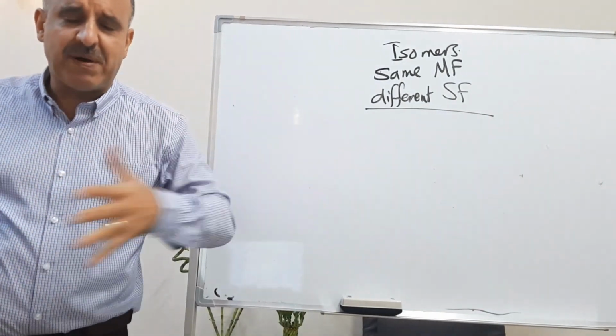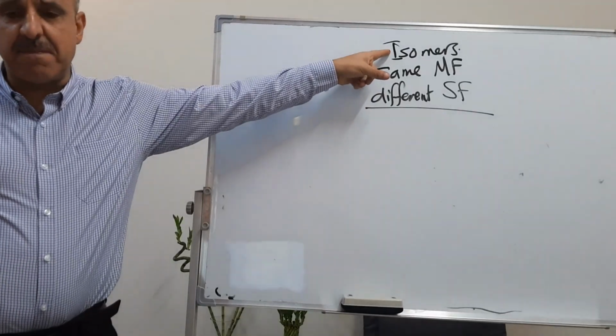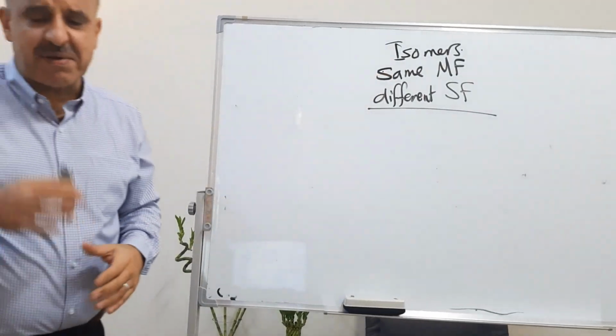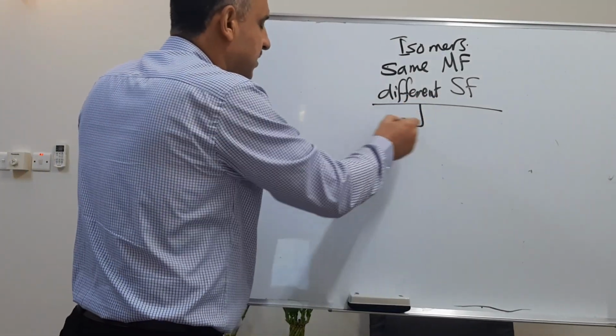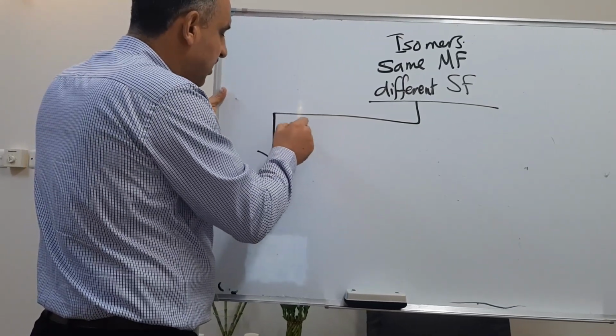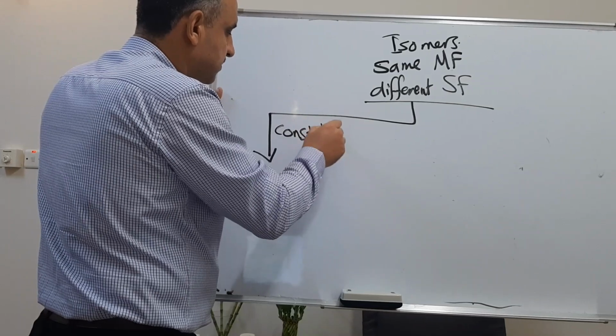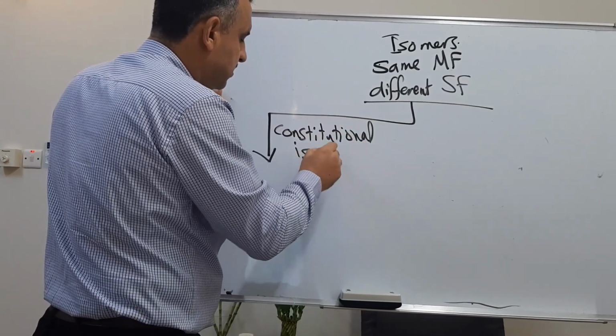Any 2 or more compounds that meet this condition, we call them isomers. The first type, which you have in slide number 11, is the constitutional isomers.